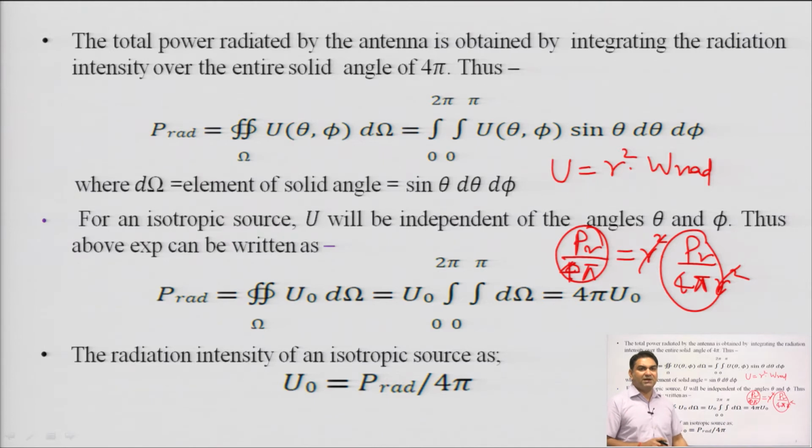So the radiation density and radiation intensity are both equally distributed. For an isotropic radiator we can define the radiation density as P r upon 4 pi r square and the radiation intensity as P r upon 4 pi.